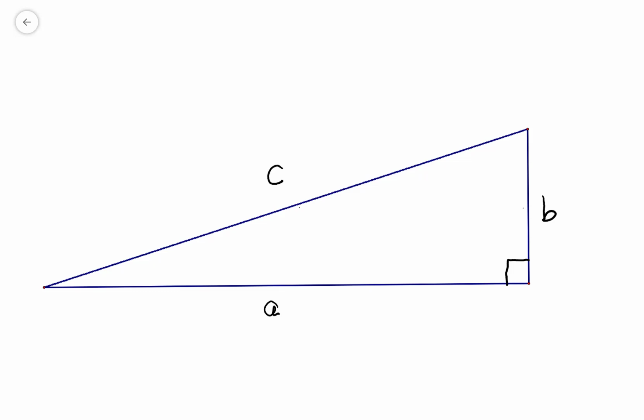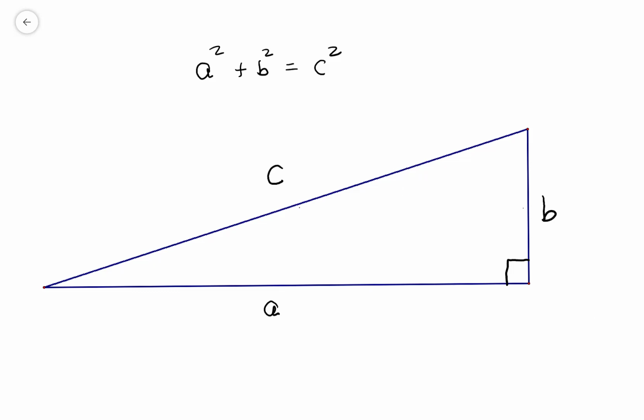So here, we have a² + b² = c². If we have a right triangle and we know any two of its sides, we can easily determine the length of the third side by using this Pythagorean theorem.